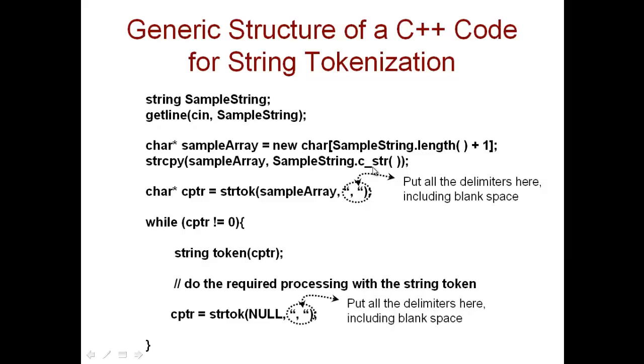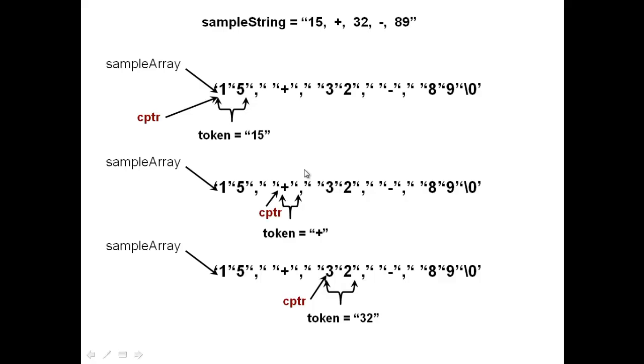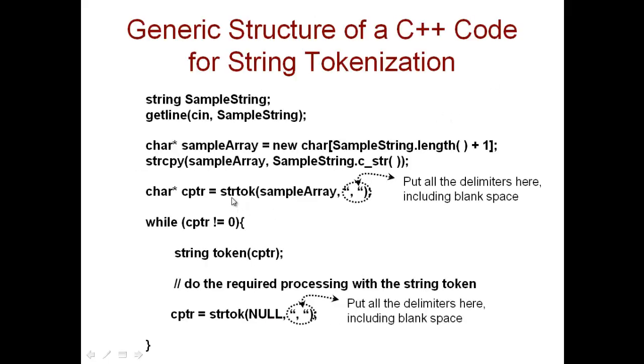So the c_str function, again part of the cstring header file, is a function that will generate the character array out of the string. So the c_str function called on the string object will generate the character array of the string. This content will now be processed as a character array along with this \0. So that is what is now copied to the sample array. Okay, so now you can access the contents of the string using the sample array.